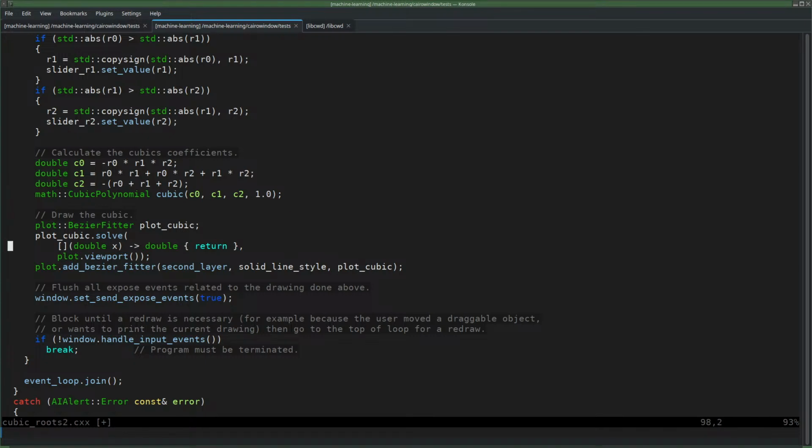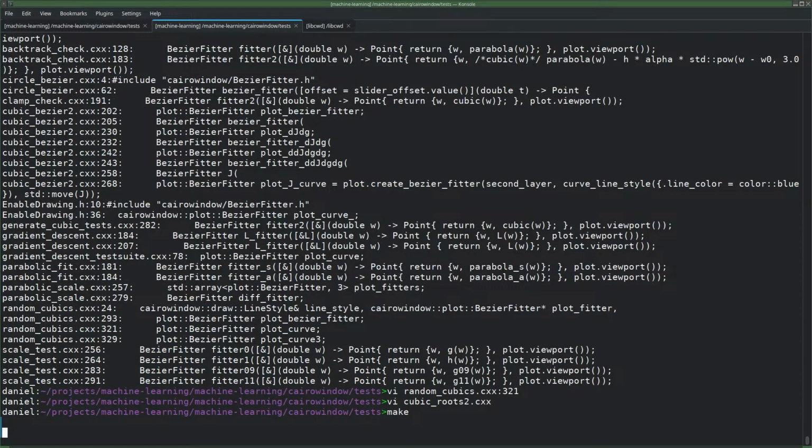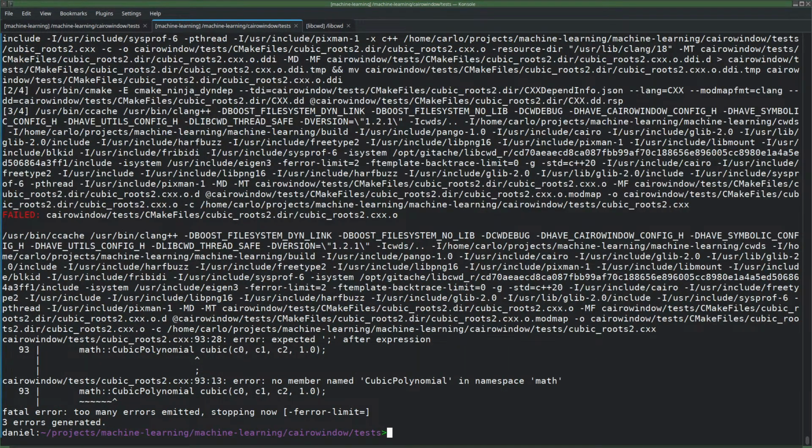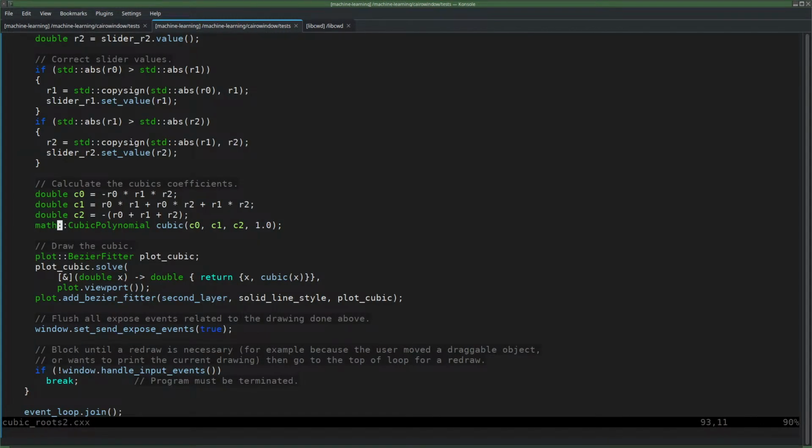No, wait a minute. This thing takes a point, doesn't it? It takes a bloody point. Yeah. I can do an x comma the cubic of x. Cubic polynomial is not known.